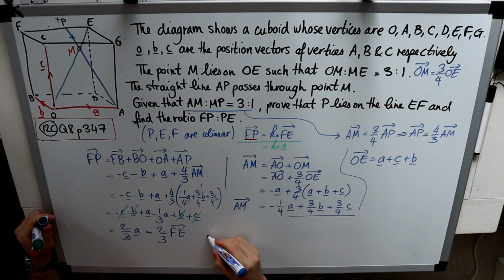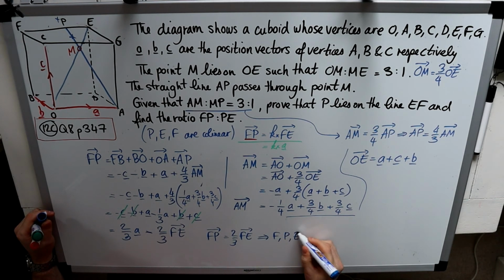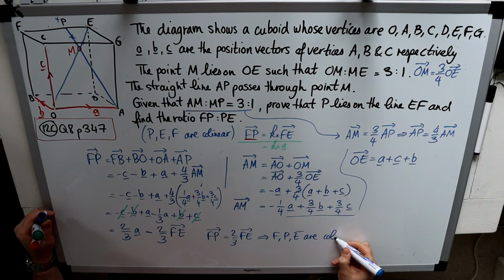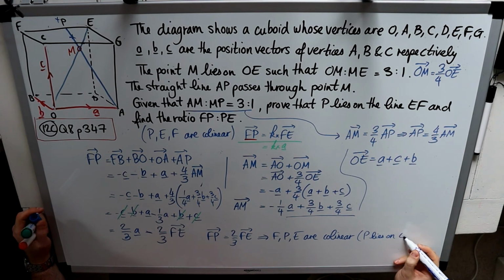So because FP is equal to 2/3 of FE, FP and E are collinear, which means that P lies on EF.